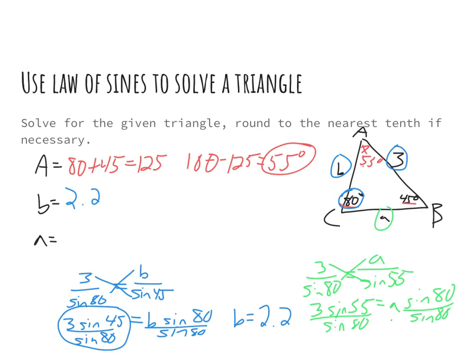Typing in 3 sine of 55, close the parentheses, divided by sine of 80, and rounding to the nearest tenth, A is about 2.5. So I have now solved the triangle because I know all 3 angles and all 3 sides.